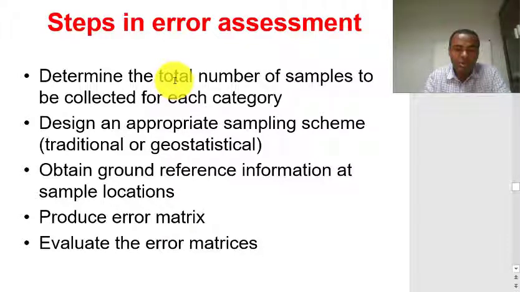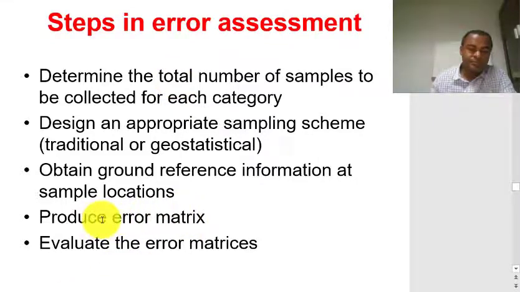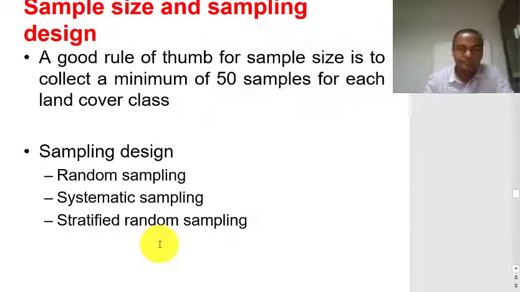These sample locations can be selected randomly. Then finally you produce the error matrix, which can be produced once you finish this prior stage, and then you evaluate the error matrix.